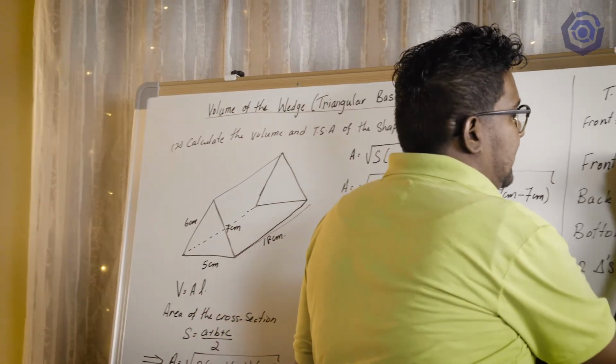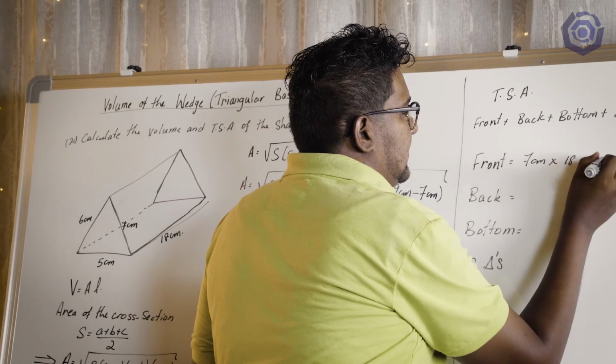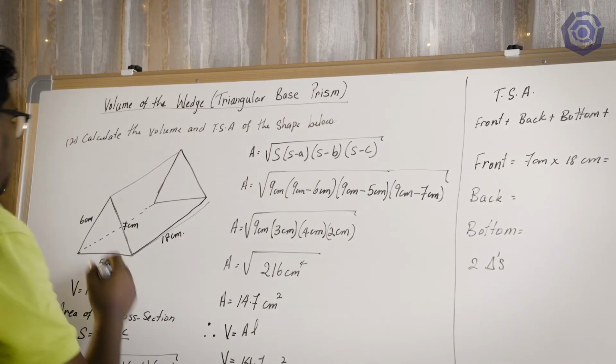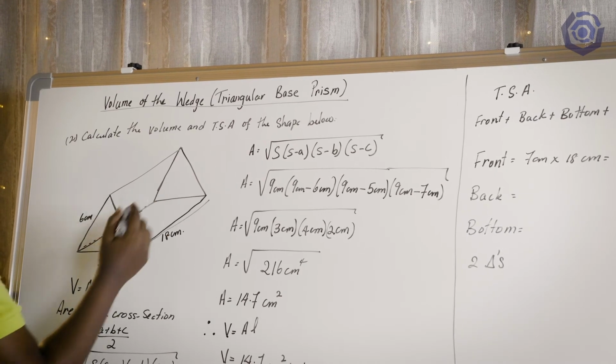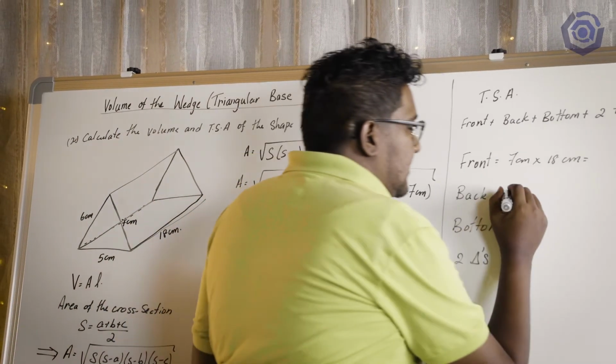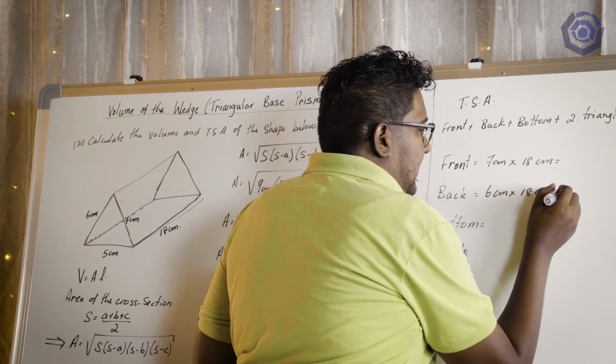If you look at the shape, the front, we have 7 and then we have 18. So the front is going to be 7 cm times 18 cm. The back would be here. That's going to be 6 cm times 18 cm.